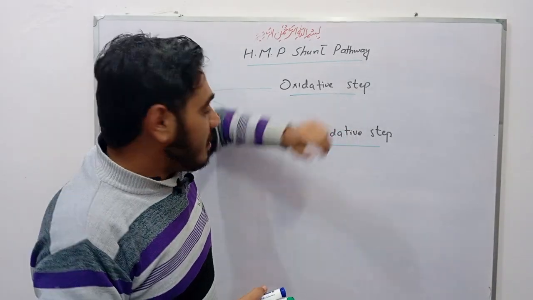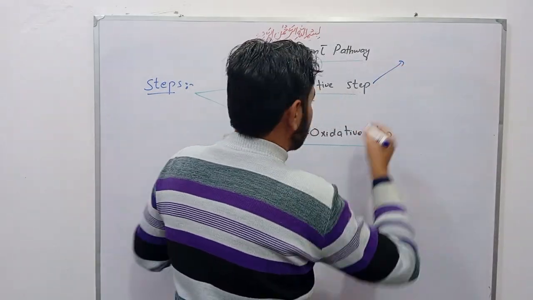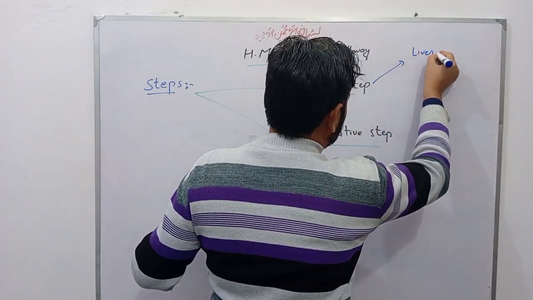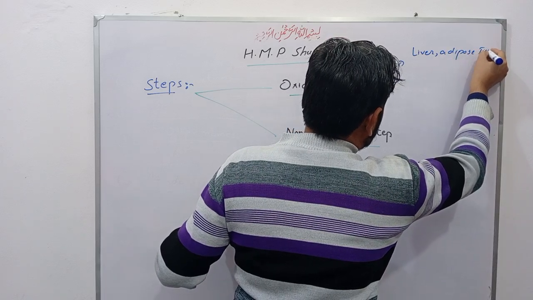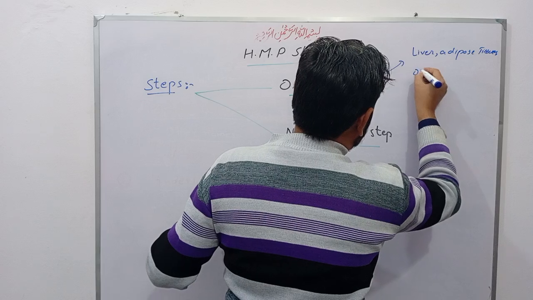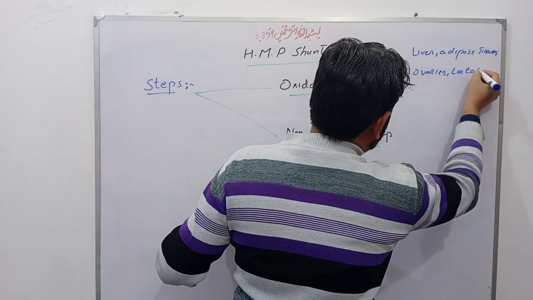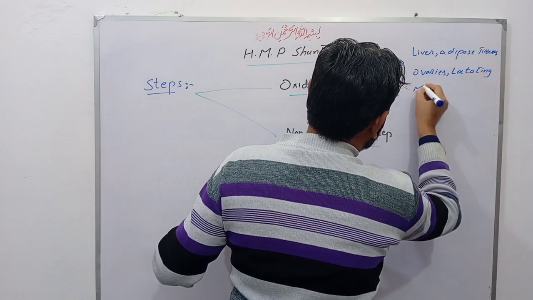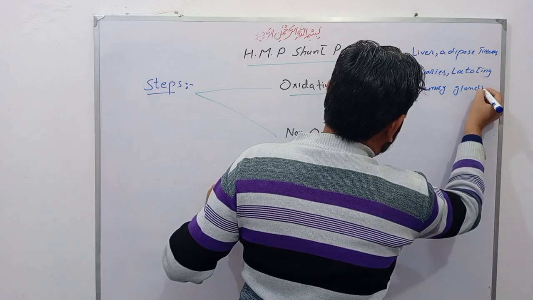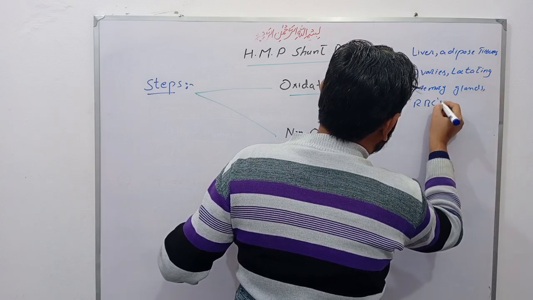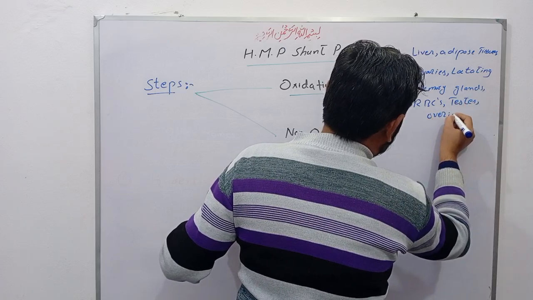This oxidative step occurs in liver, adipose tissues, ovaries, lactating mammary glands, RBCs, testes, and ovaries.